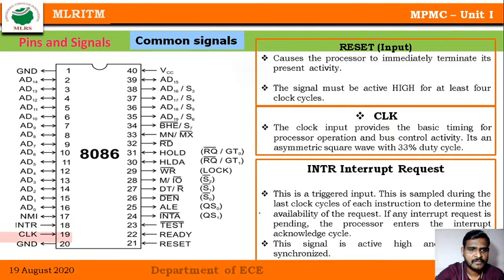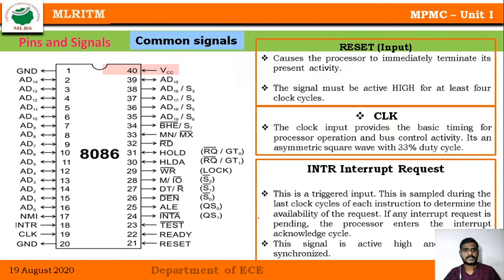Similarly, the next one is called NMI, the non-maskable interrupt, which means that if any interrupt is raised through this particular pin, it is given the highest priority.